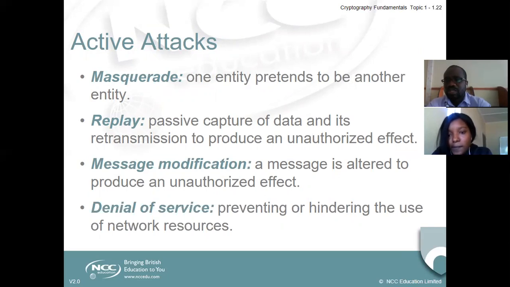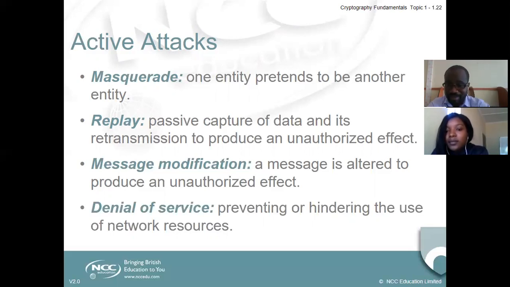One, masquerading. What do you understand by the word masquerading? Have you heard this word, masquerade? When they say someone is masquerading to be a medical doctor, it means that someone is pretending to be who they are not.